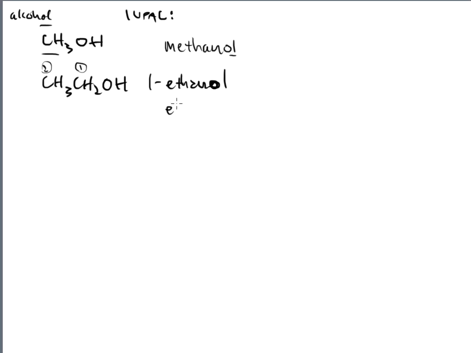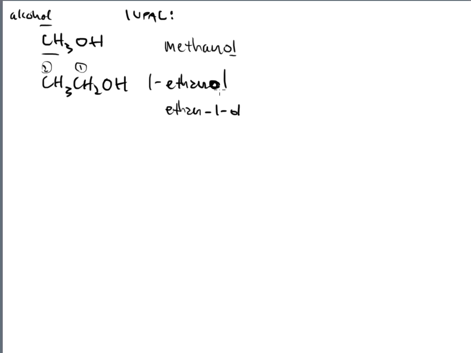And then in addition, some people don't like that format, and they want to break this up, and they want to put the number closest to the OL ending to let you know for sure that that OH group is attached to the first carbon, and they will call this ethan-1-ol.